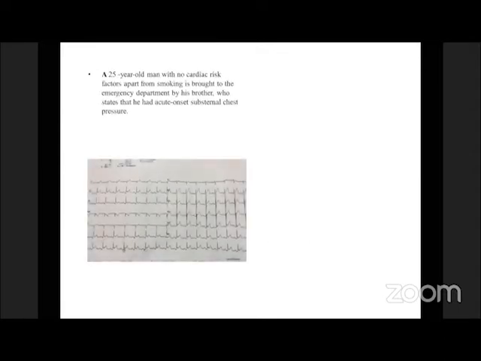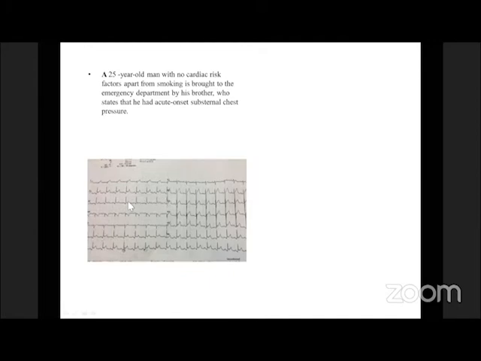This ECG is from a 25-year-old man with no cardiac risk factor apart from smoking. He is brought to the emergency department by his brother, and he has an acute onset substernal chest pressure. If you look at this ECG, there is ST segment elevation, but the pattern of elevation is diffuse.